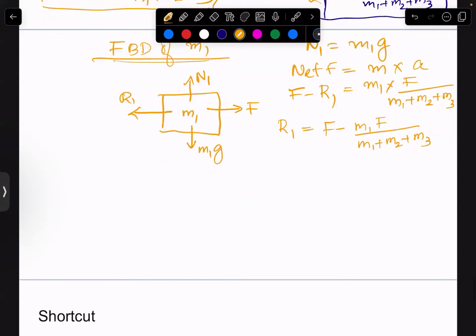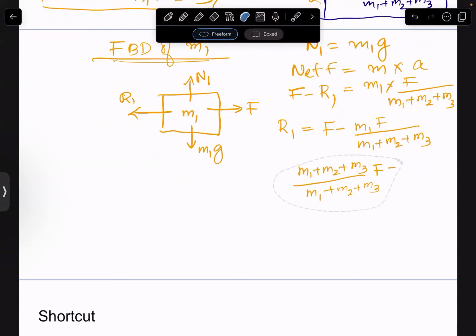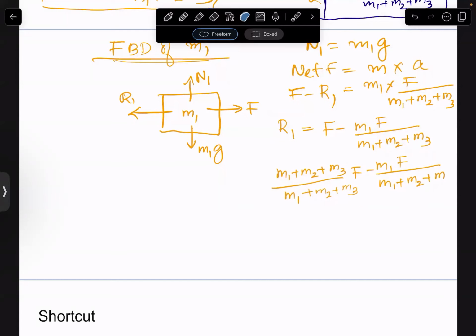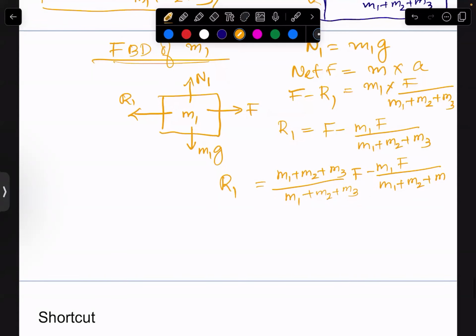So you have to multiply and divide F by M1 plus M2 plus M3. Okay, so this is the reaction force R1.